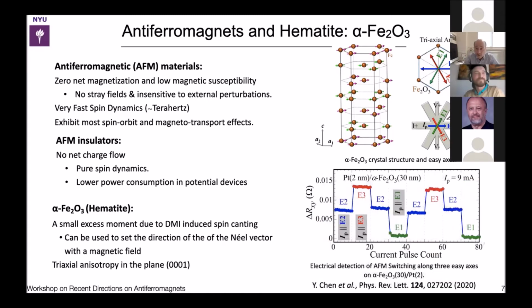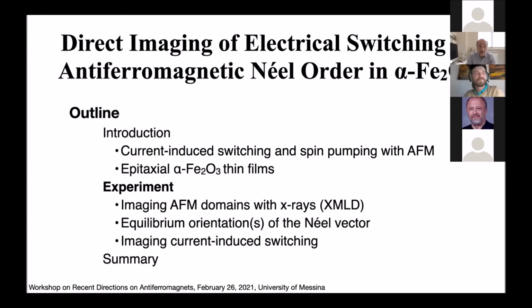This is, again, an experiment that was done at Ohio State University, where they applied pulses along these different directions, E2, E3, E1, and you get different resistance states, and these different resistance states could be correlated back to the magnetoresistance. What you could learn from that is that a fraction of the domains in the area of this Hall cross responded to the current. Of course, what we'd like to know is the mechanism, what is going on and what is producing those changes. And that's where we come to the imaging experiments I'm going to talk about.